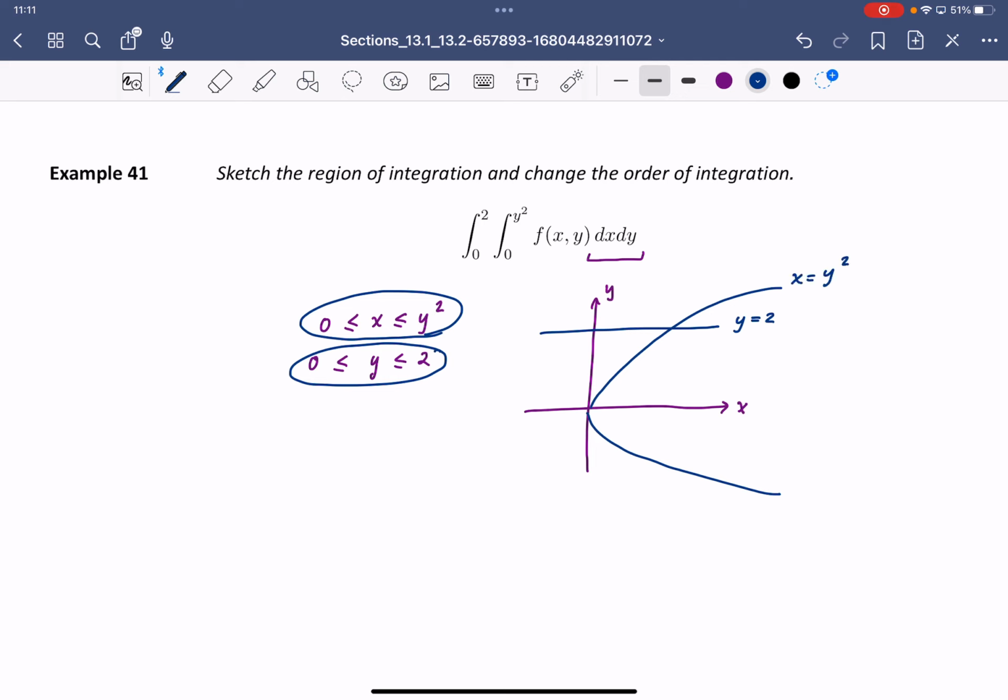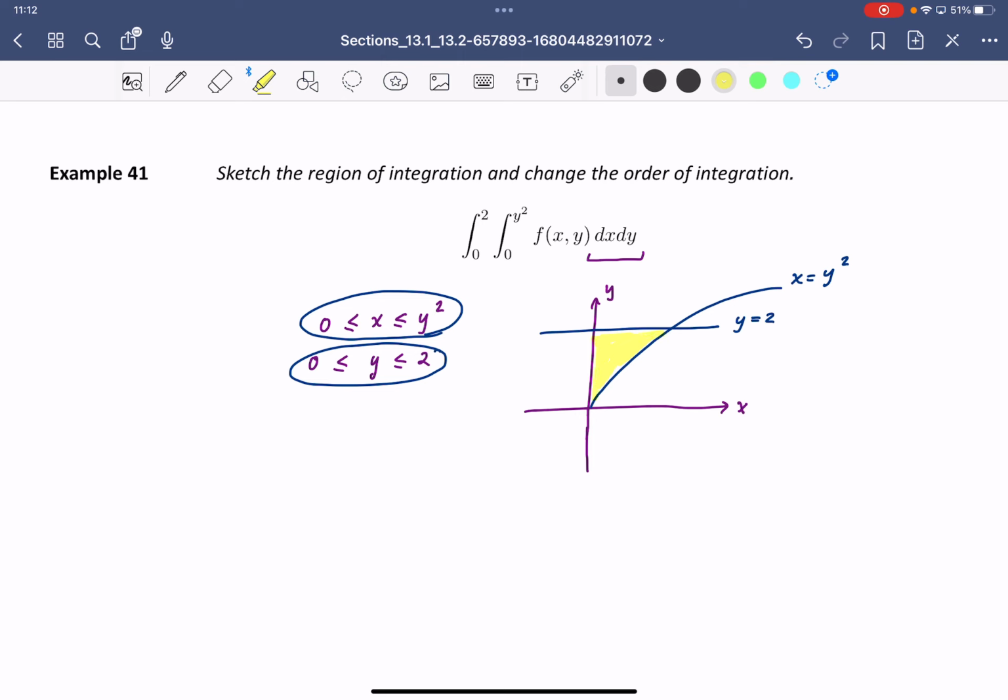Make sense? So what do you think? What is the region here? You can delete this one, we don't use it anyway. So what is the region here? I would guess that my region is going to be the yellow one, because this is the one bounded by the curve that I want.